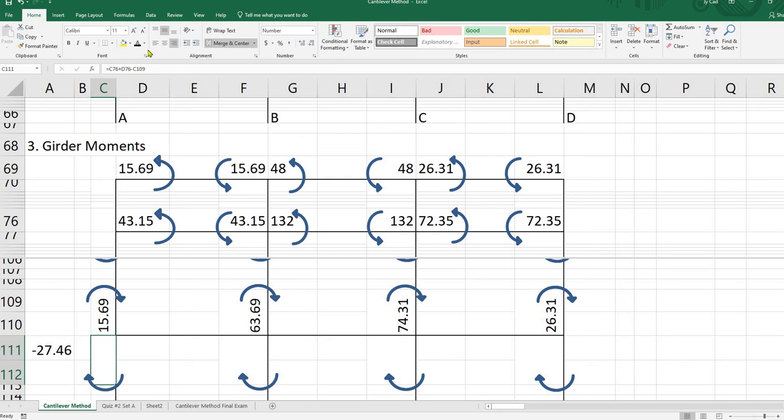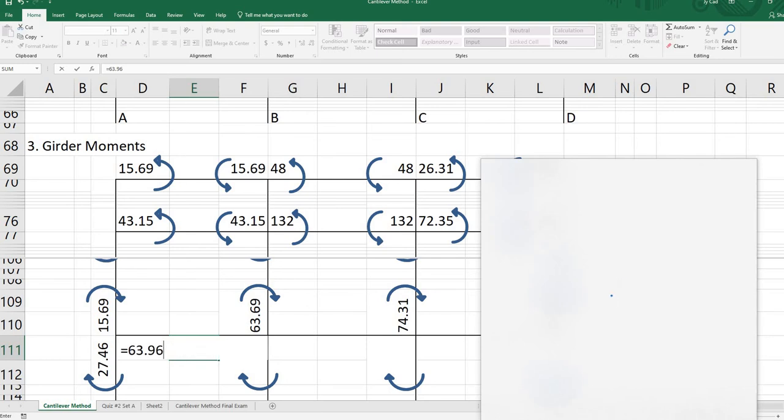Okay, so let us unhide 27.46. Next, dito naman, ang nag-a-act dito sa node na yan is 43.15, 132, tsaka 63.69. Okay, so let us add all those. So that is equal to 63.69. Positive siya kasi clockwise.